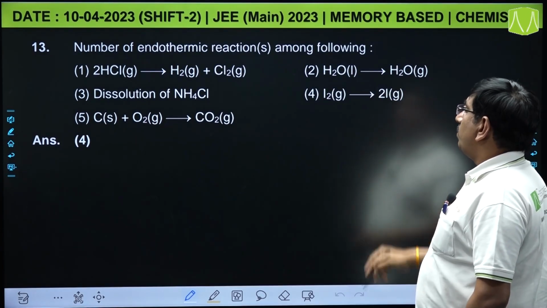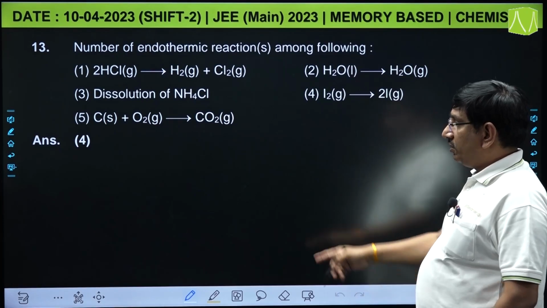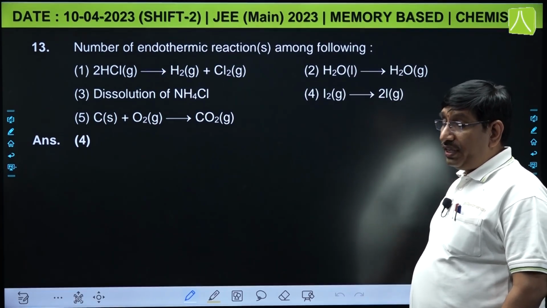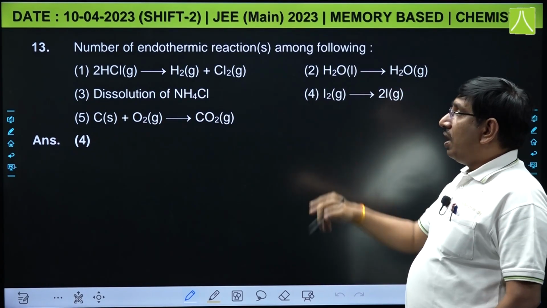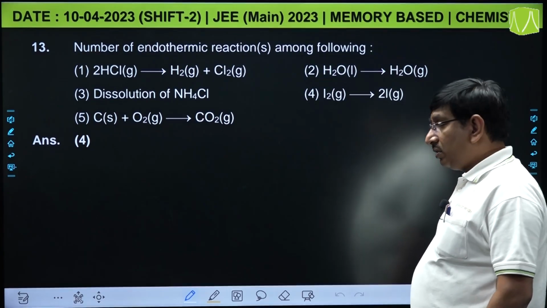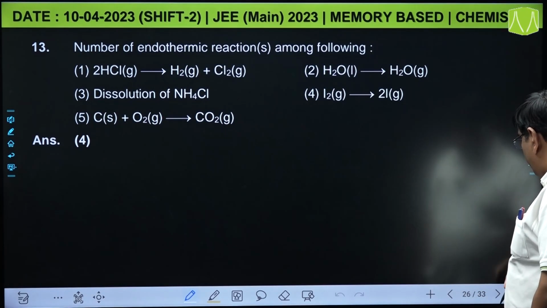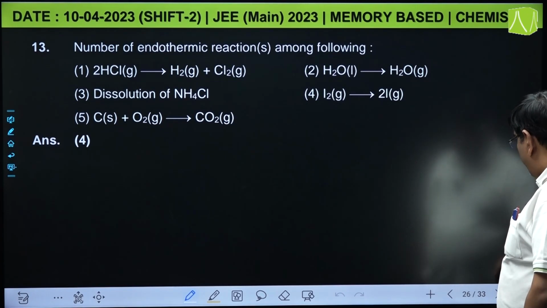I2 converting into I, here also bond dissociation, it is also an endothermic reaction. C plus O2 gives CO2, the combustion of carbon, is an exothermic reaction. Except the fifth one, the remaining 4 are endothermic reactions. So, the answer is 4. In the last one only, heat energy is released. In the remaining 4, heat energy is absorbed.